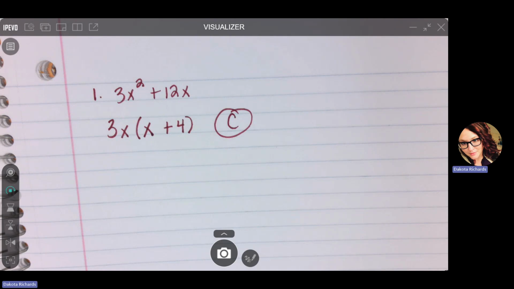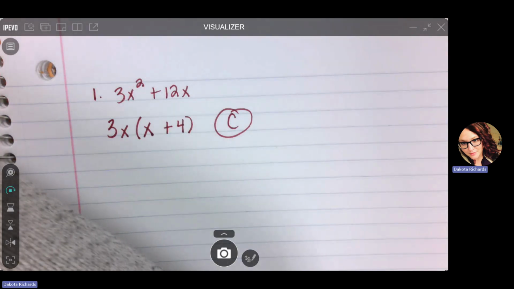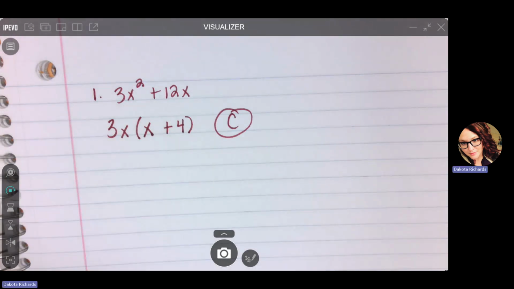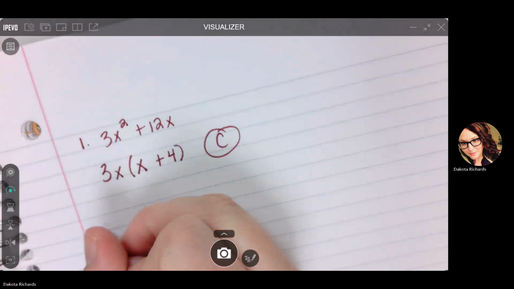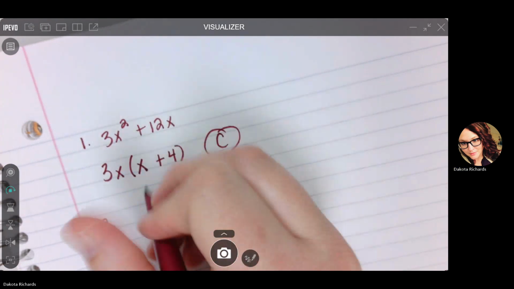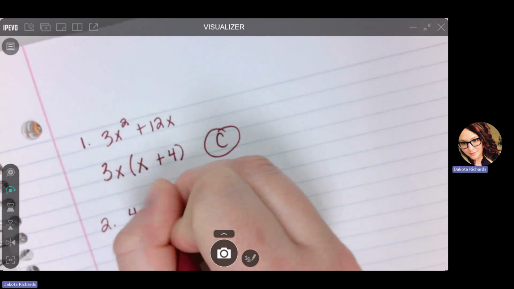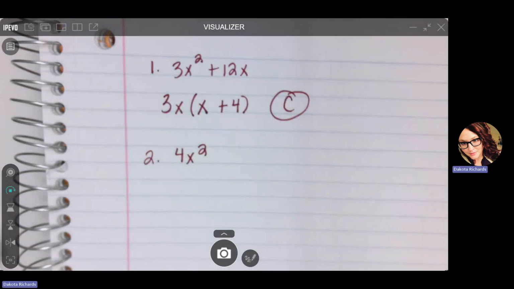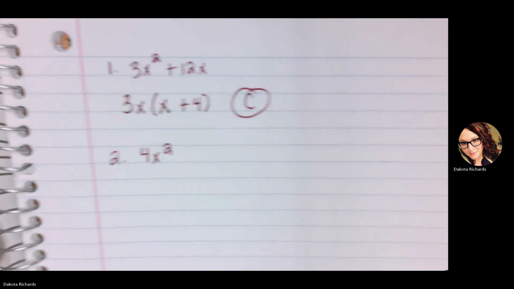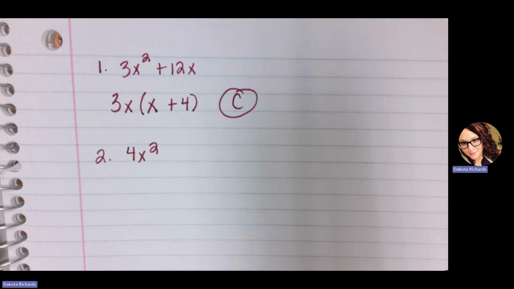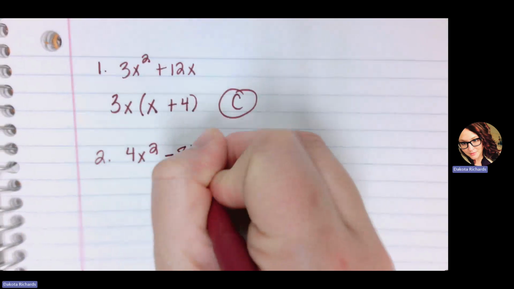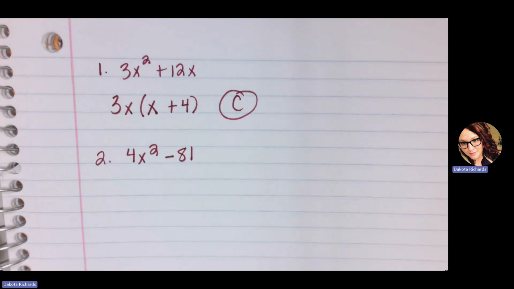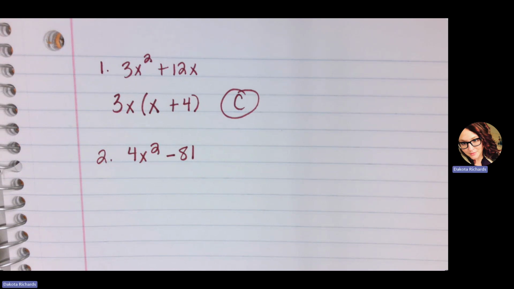Okay, question 2 is another factoring question. We've got 4x squared minus 81. Let me move the camera, sorry about that. Okay, so you have to figure out, is there a GCF?